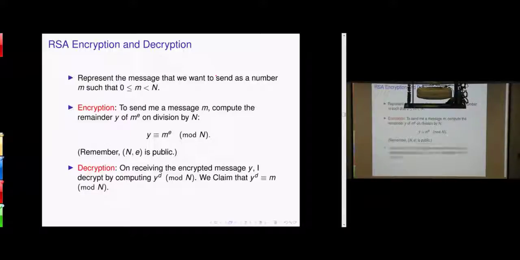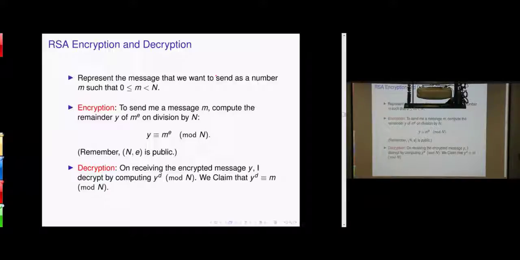Now, when I receive the message y, I will compute y to the power of d, because I know d. I have d in my proposal. So I calculate y to the power of d modulo the same n. This n is public, so it doesn't matter.